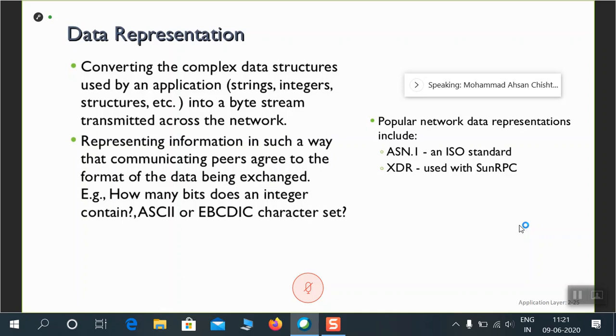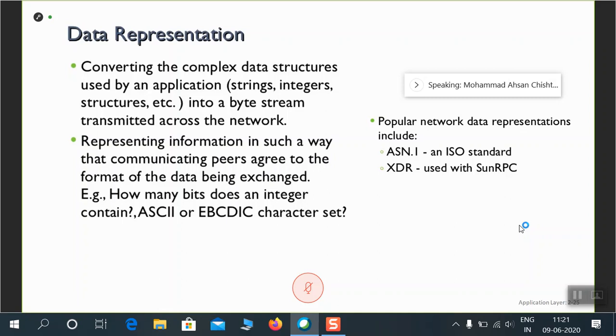Like on an ASCII system, if I have a file containing the bytes 108, 97, 110, for ASCII it means LAN.